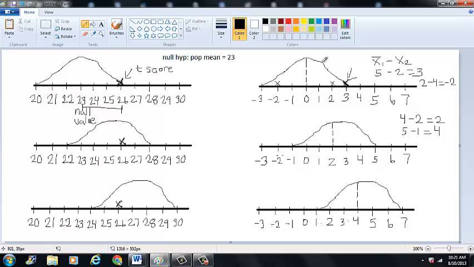We don't know if the curve is still at a high point at 3 and doesn't really drop down far until you get to these higher numbers up here. So the t-score will be useful to tell us how extreme our outcome is.